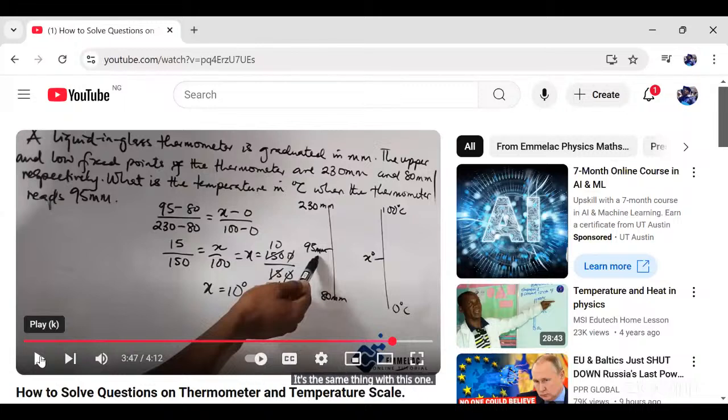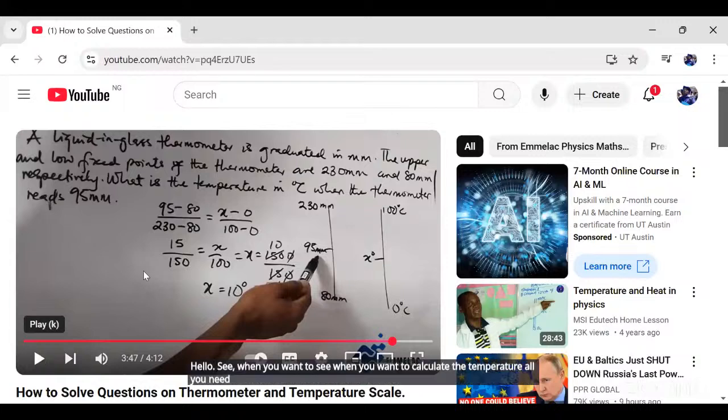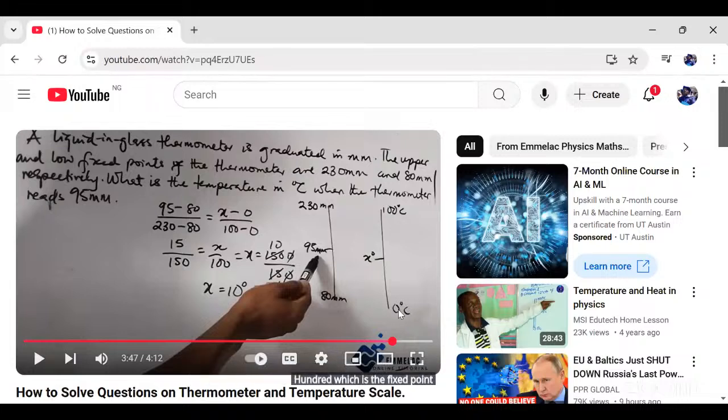When you want to calculate the temperature, all you need to do is to use this first scale: 100, which is the upper fixed point, and 0, which is the lower fixed point. The unknown is always in the middle. Since they are giving you in length, you can calibrate the unknown thermometer in that order.